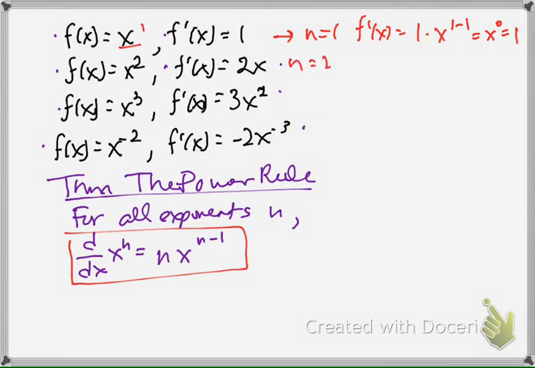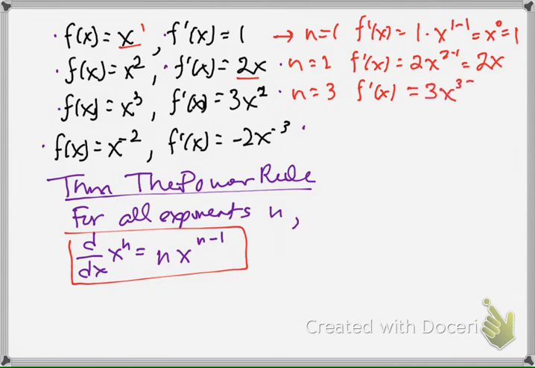Here, my n is equal to 2. So f prime of x would be 2, our n, x to the 2 minus 1, which is 2x. n is equal to 3. f prime of x is equal to 3, our n, x to the 3 minus 1, which is 3x squared.